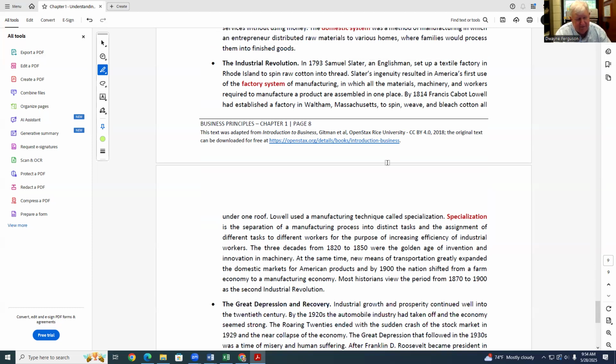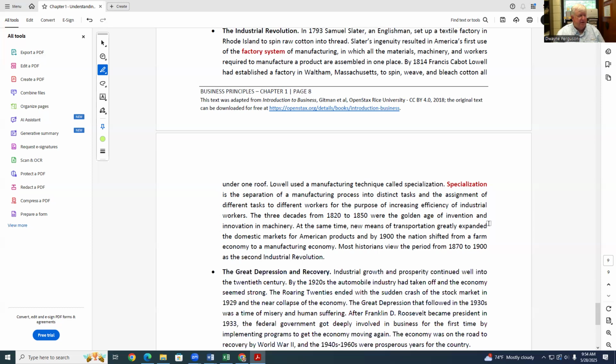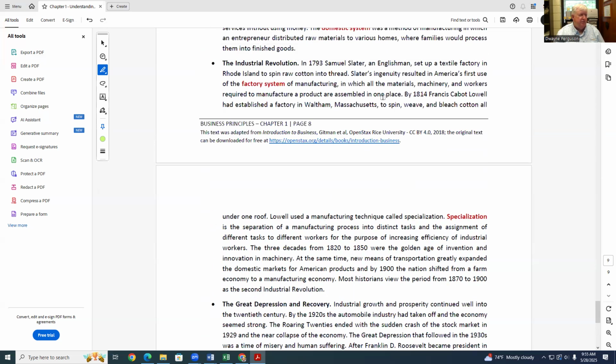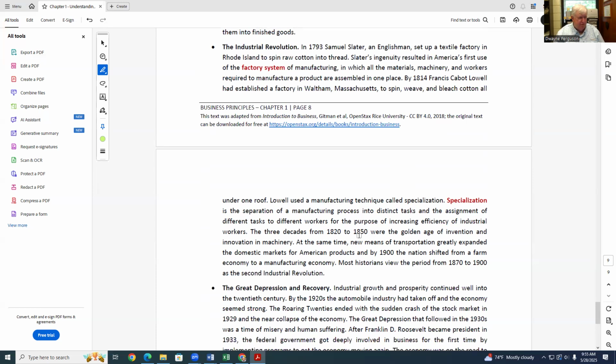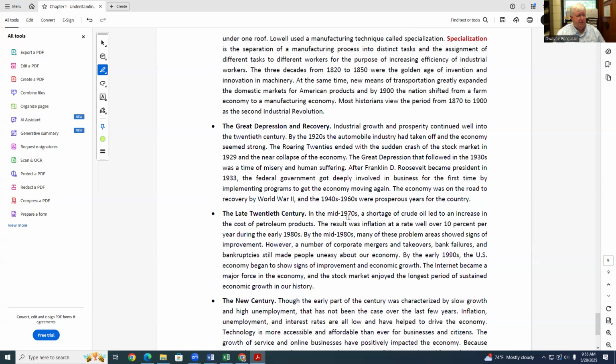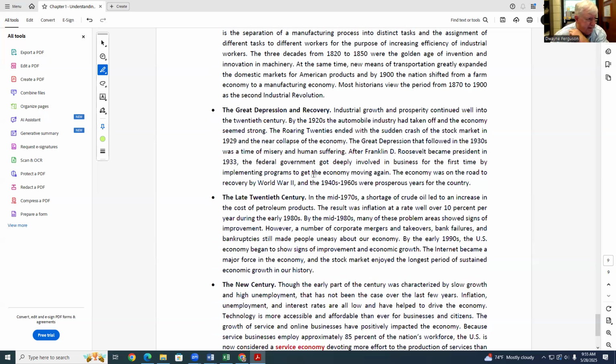But if you ran it down an assembly line and each person put on a piece, and they were an expert in that job, that's what I'm talking about with specialization. So anyway, read about that. Of course, this is the Industrial Revolution, the first and the second Industrial Revolution, really drove this country into prosperity.